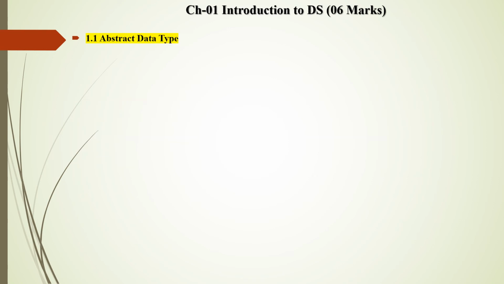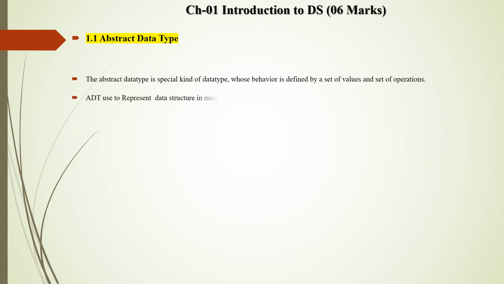Next topic is abstract data type. So the abstract data type is a special kind of data type whose behavior is defined by a set of values and set of operations. ADT, that is abstract data type, is used to represent data structure in memory.